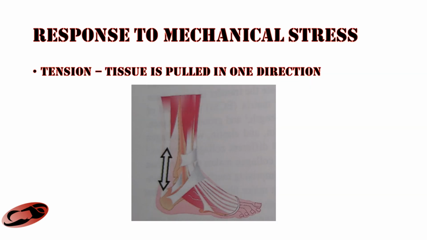Now, there are a couple of different mechanical loads that we see in the human body that fascia will be subjected to. The first one we'll cover is tension, which is when the tissue is pulled in a direction. In this image, the example used for tension is the Achilles tendon when the calf is stretched or contracted.